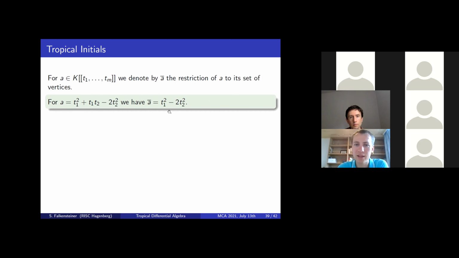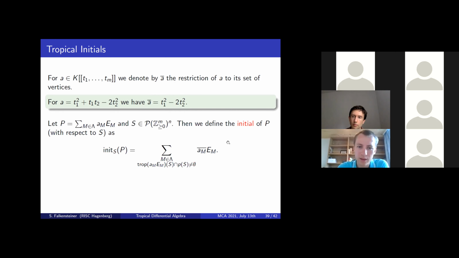The nice thing about this restriction is it has just finitely many terms, finite information. And similarly, we define the initial of P, so P is a differential polynomial here, by just keeping all these terms contributing to the vertices.